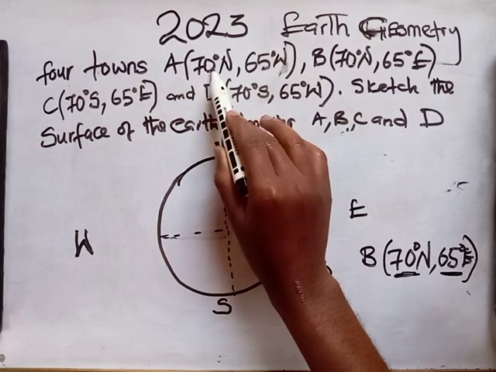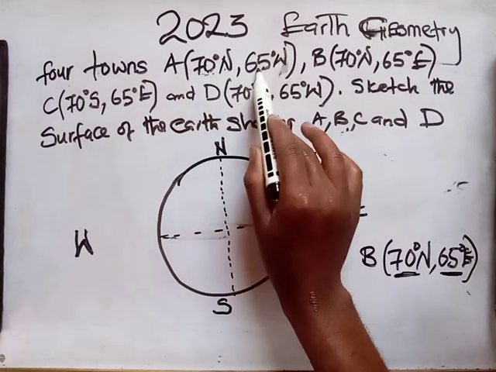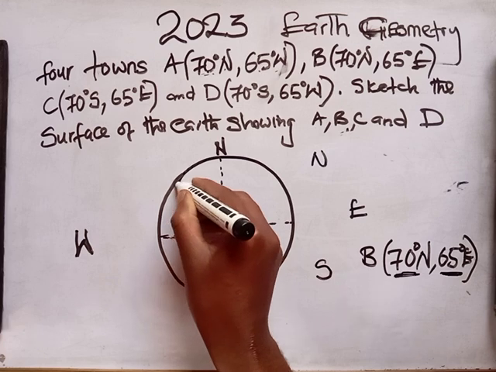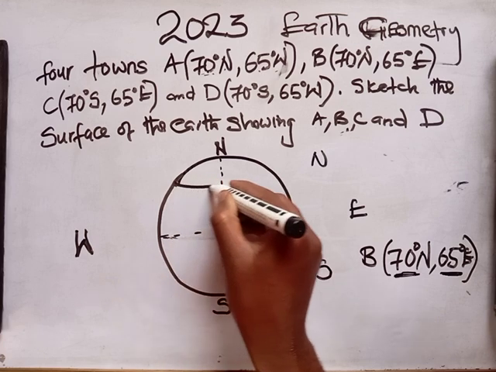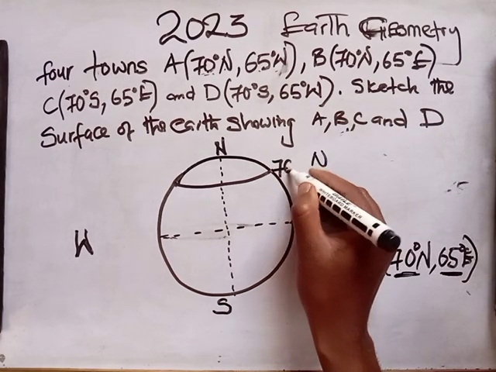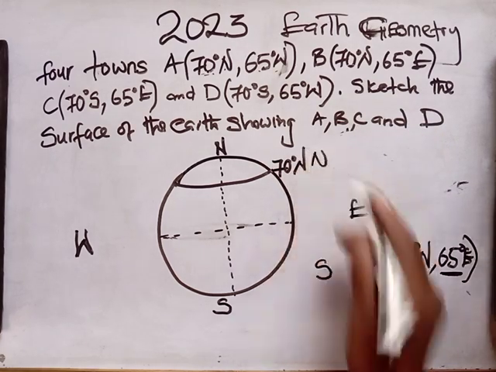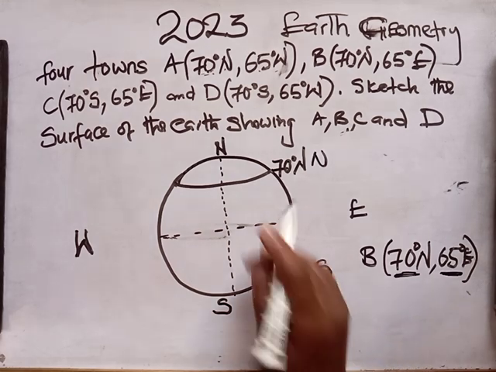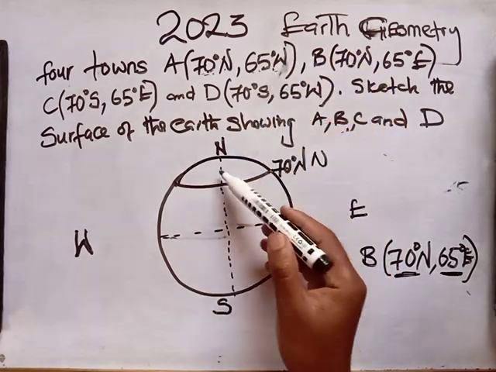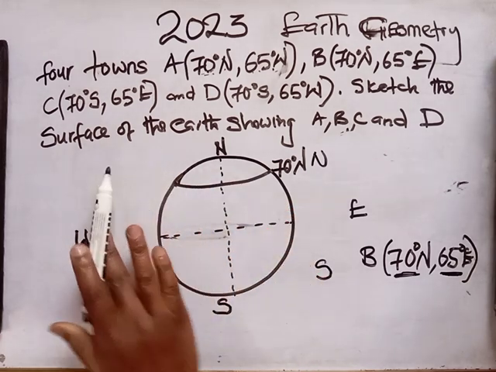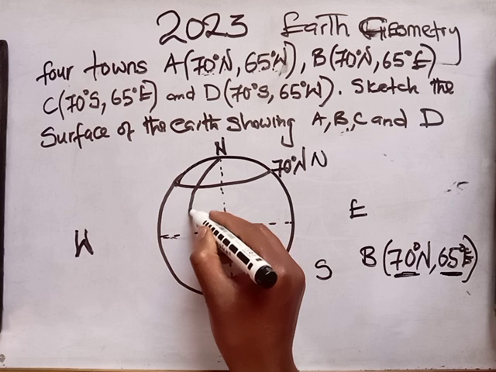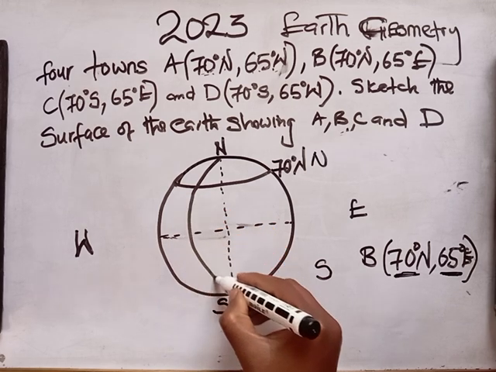The first is the latitude, the second is the longitude. Latitudes run from west to east, so we are talking about this one, 70 degrees north. Then longitude 65 degrees west is on the western side, and the longitude runs from this side going to the south.